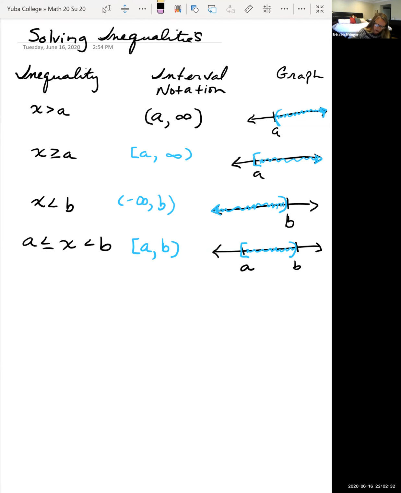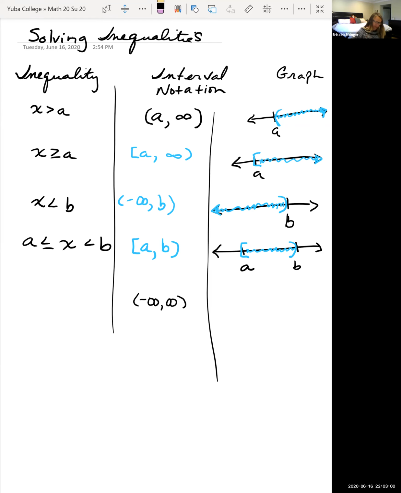Let's say you were given negative infinity to infinity as your interval notation. So basically, that's telling you on the number line that all numbers are part of that solution, or will work.